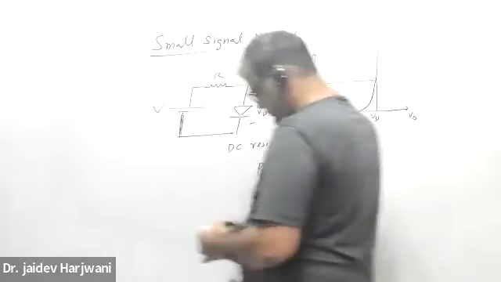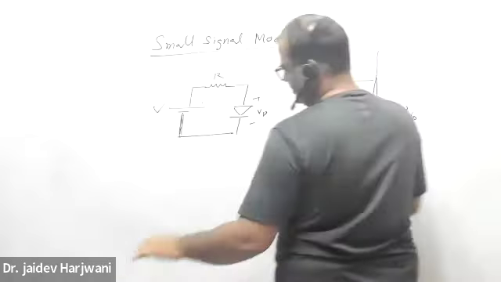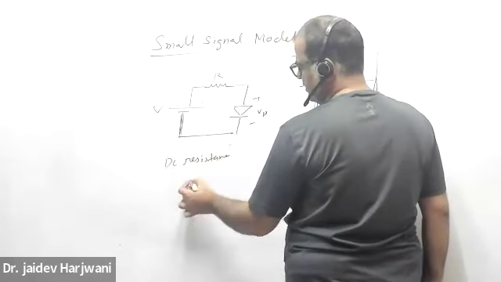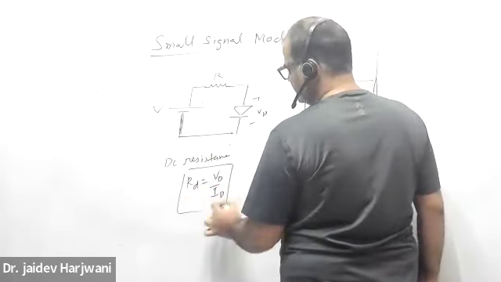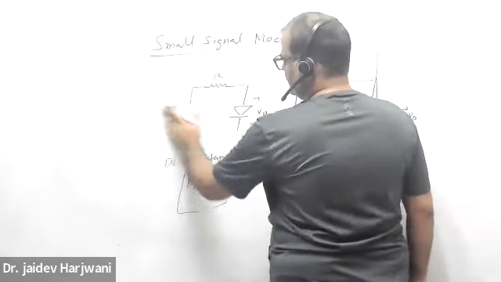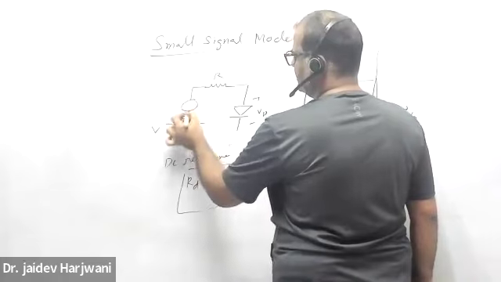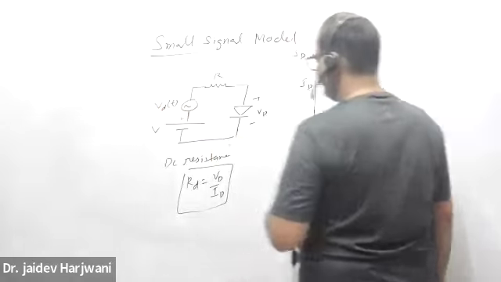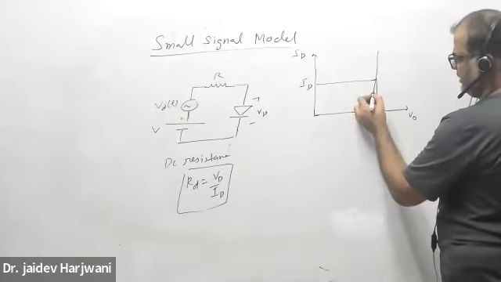Now what I do, along with this DC source, I put a small AC source. So this is your DC resistance, RD equals VD upon ID. Now in this circuit, this battery is present, plus I put a small signal vd(t), a time dependent voltage.